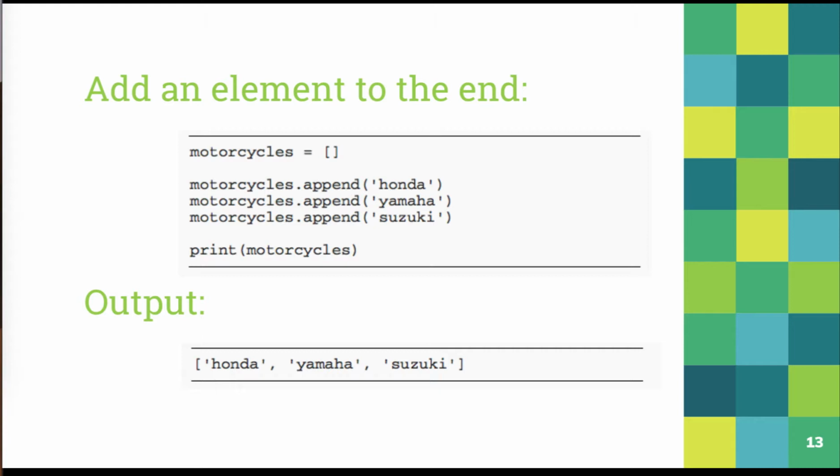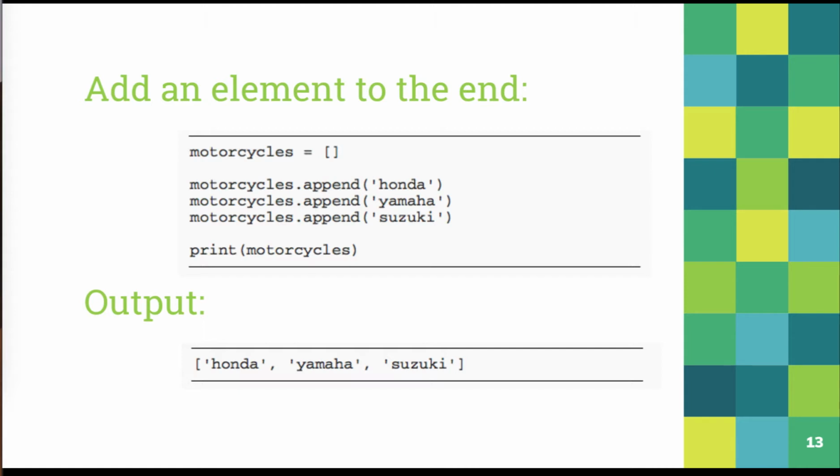In this case, I'm using my program to build my list. It's possible to start a program and not know what's going to be in the list by the end of it. So to start, I identified to Python that the variable motorcycles is a list. I do that in the first line by using brackets, because you remember lists go in brackets.